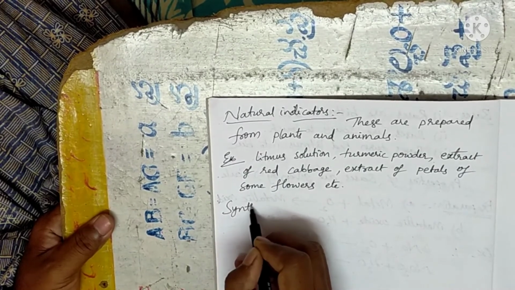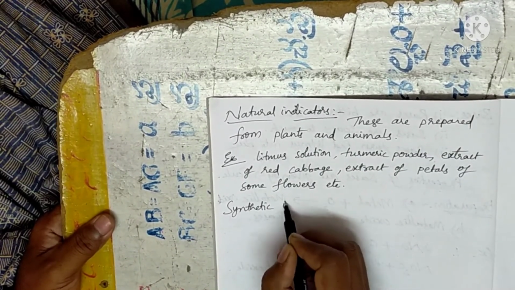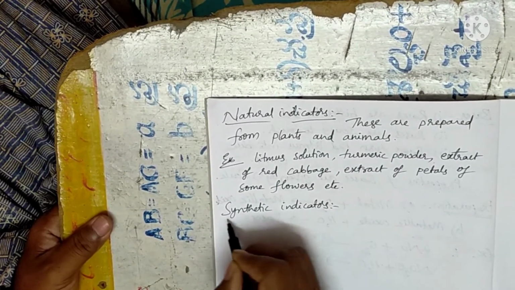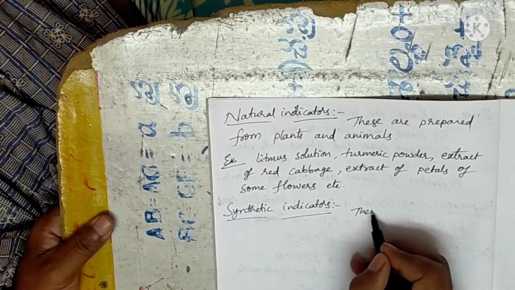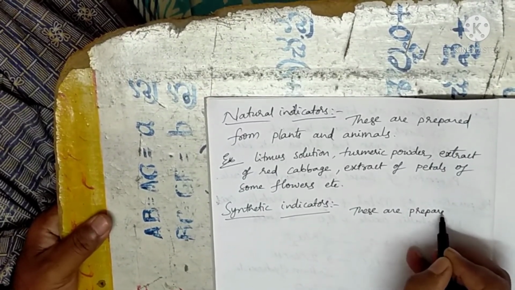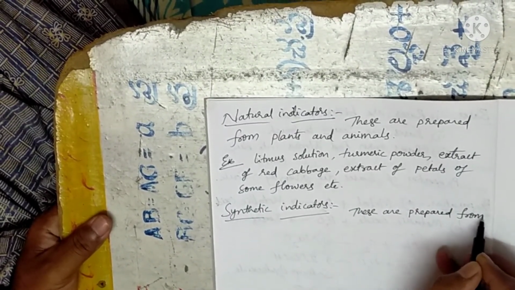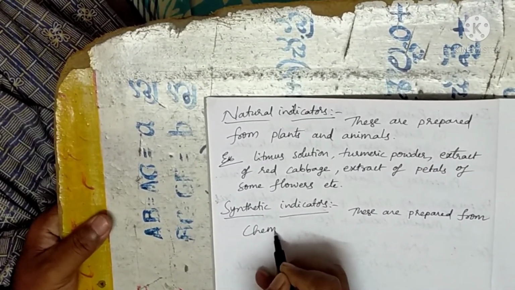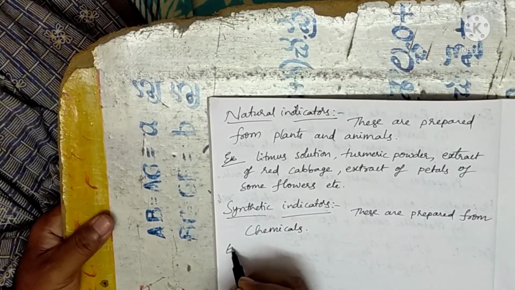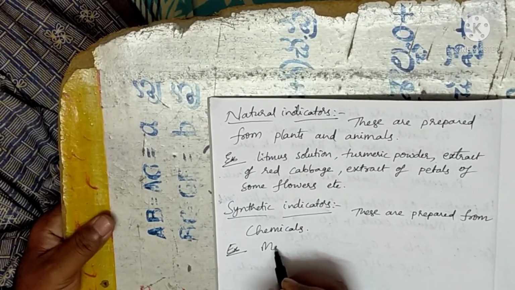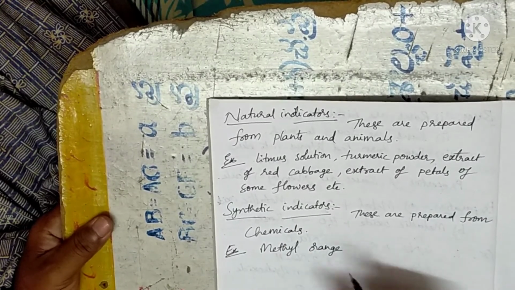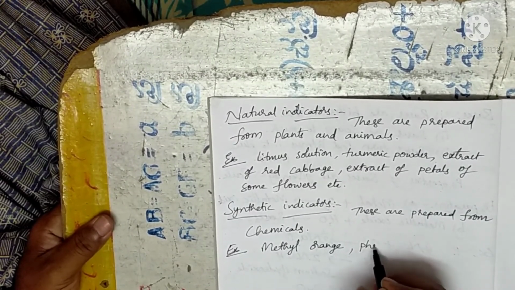And the second one, synthetic indicators. Synthetic indicators are prepared from chemicals or are man-made. Examples are methyl orange and phenolphthalein.